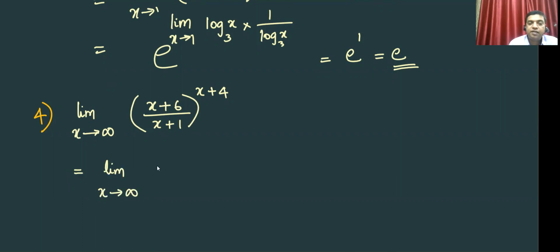Here x tends to infinity, f of x minus 1 into g of x.